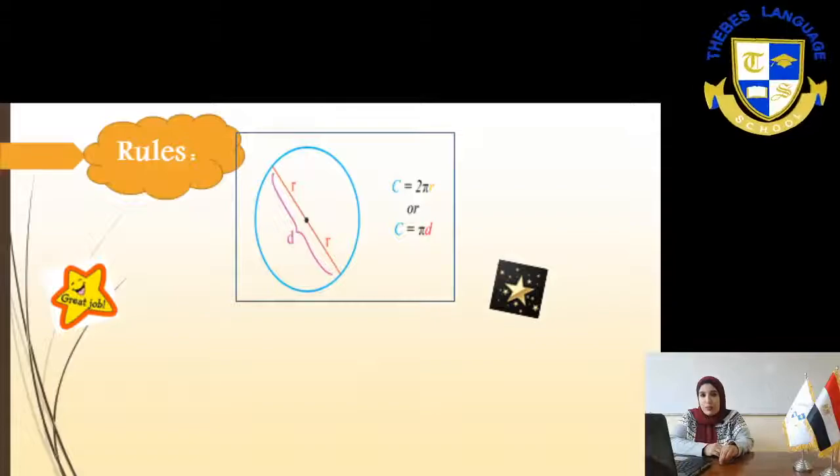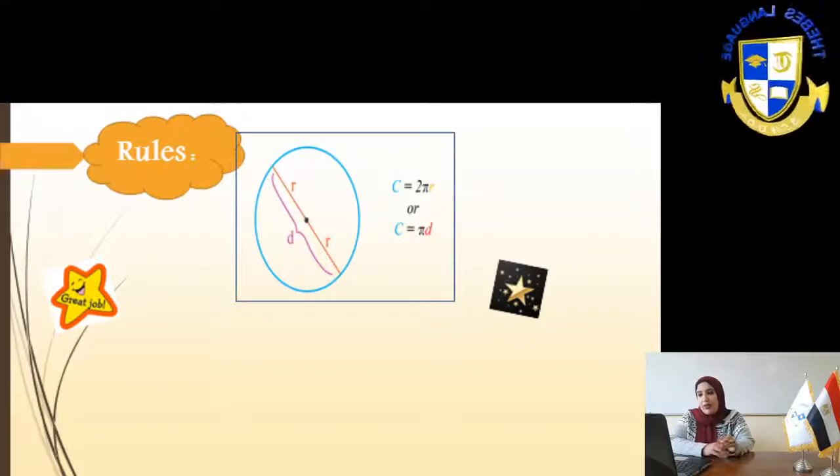This sign equals 3.14 or 22 over 7. So here we have a new symbol which is called pi. To get the circumference, it's 2 multiply pi multiply r, or circumference equals pi multiply the diameter length.